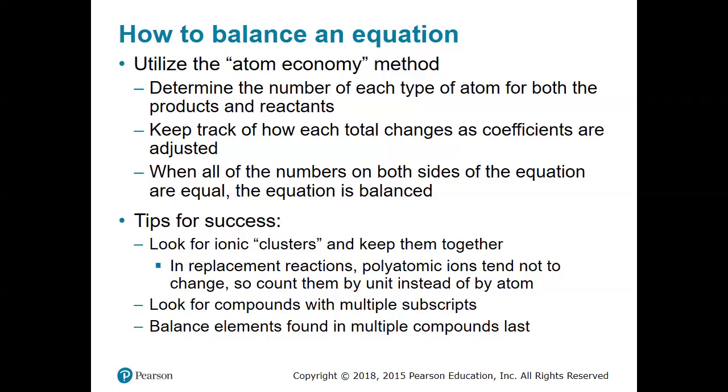Oxygen loves to do this, where it's in every compound on both the reactant and the product side. What we hope for in this kind of situation is that by the time you get to that most complex element, everything else has worked itself out. And you either have a very simple manipulation to make, or it's already balanced itself out and you don't even need to handle the last one at all.